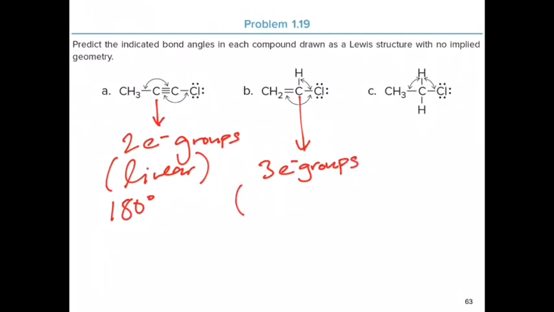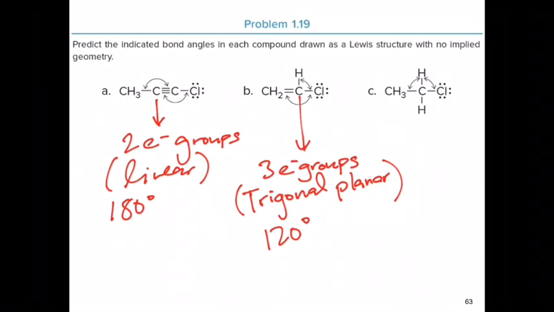And because it has 3 electron groups, the geometry is going to be trigonal planar. And any trigonal planar molecule will have 120-degree bond angle. So this bond angle right here is 120. This bond angle here is also 120.